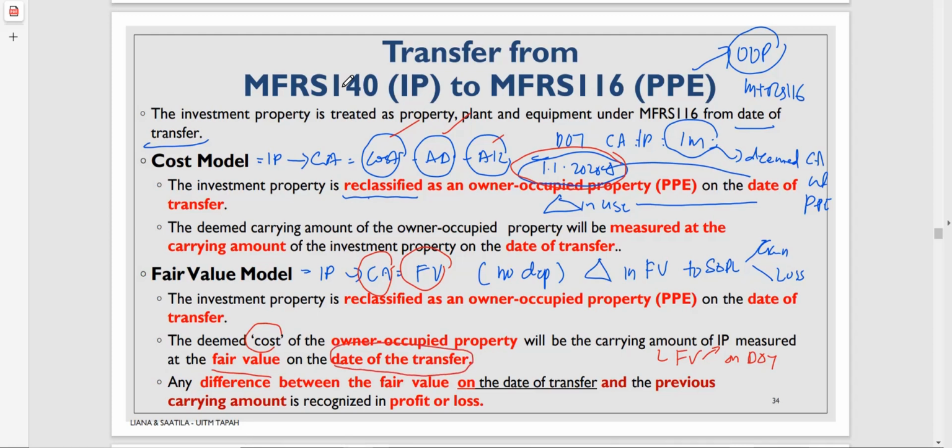The difference between the fair value of the IP on the date of transfer and its previous carrying amount, which was also a fair value, let's say fair value 2 versus fair value 1, will go to profit or loss as gain or loss on change in fair value. That is a result of the changes in fair value under the fair value model.